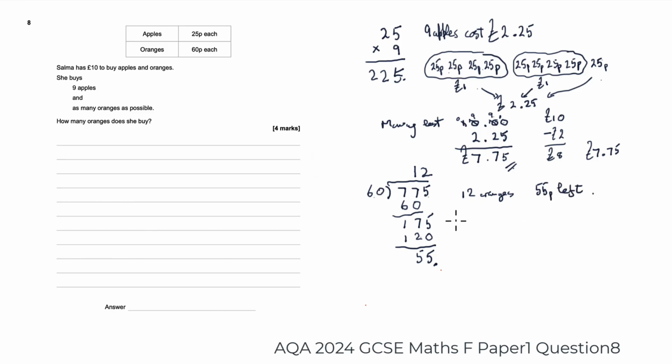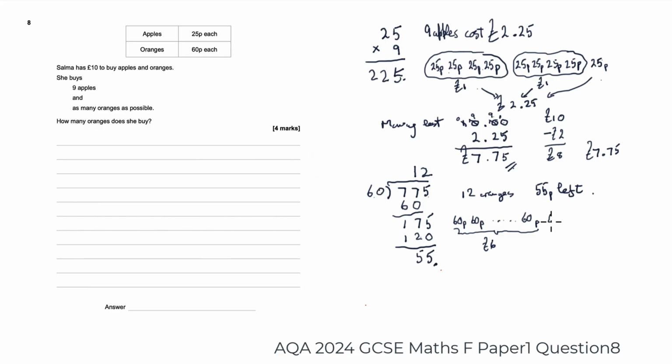Another way you could have done it was to say, well, okay, let's do what we did up here. There's an orange, there's another orange, and so on. We could stop off at 10 oranges, because we know that 10 lots of 60 would be 600. That's £6. What have we got left?